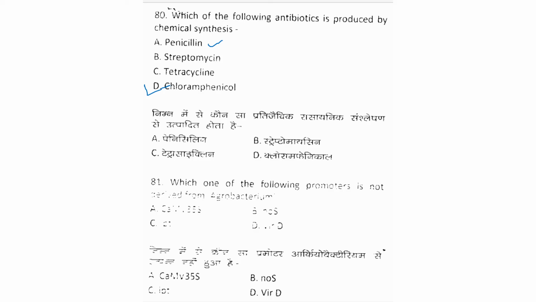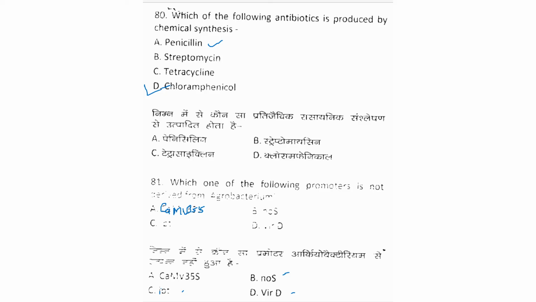So next question is which of the following promoters is not derived from Agrobacterium? So there are multiple options. We may not need to know all these options, like IPT, of this bacterium.